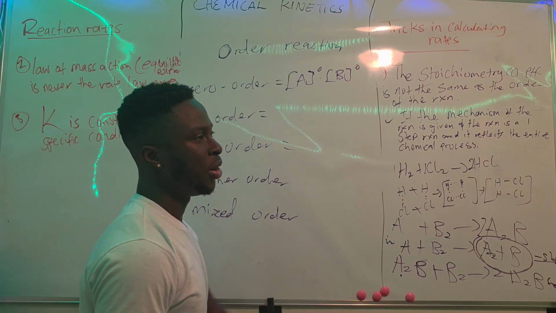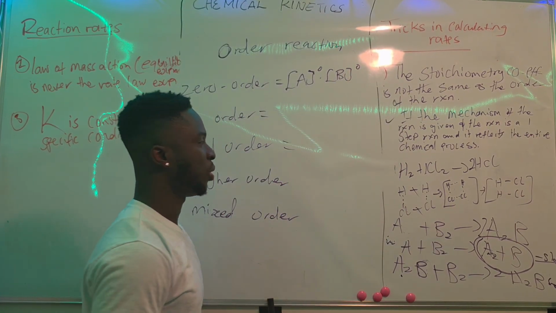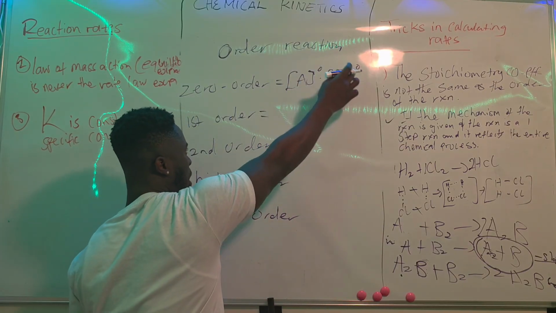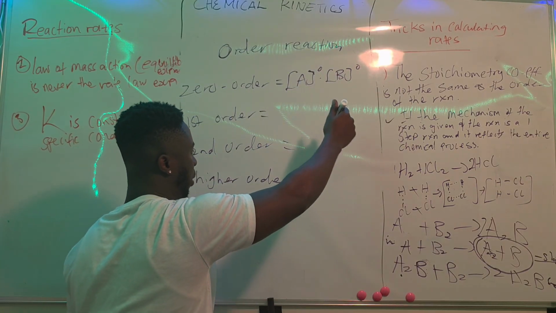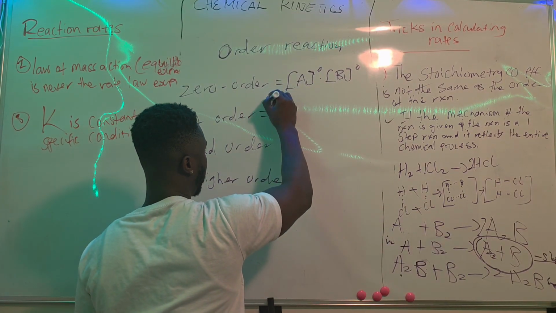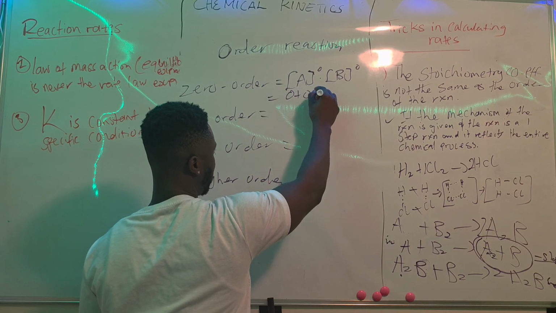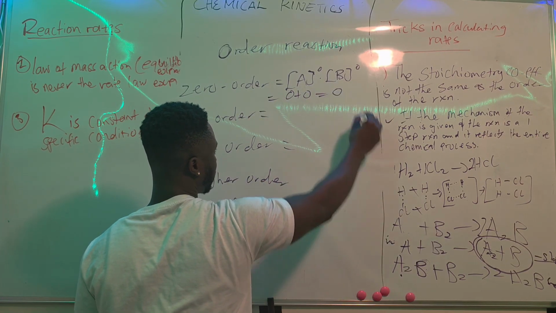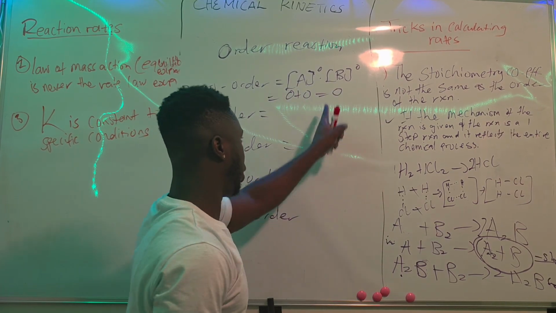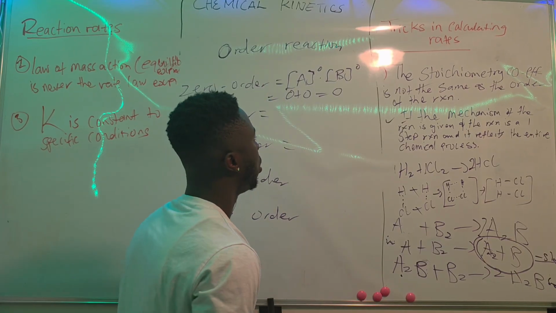The reason it gives me A^0, B^0 is that any number to the power of 0 is 1. And the overall order of reaction is going to be 0 plus 0, which will give me the zeroth order reaction, right?